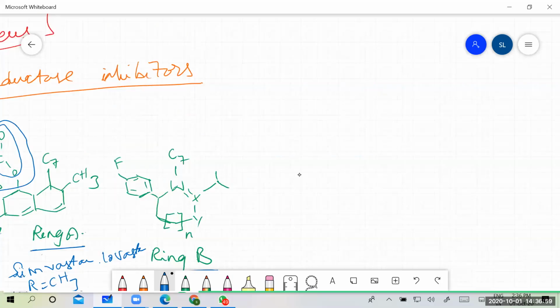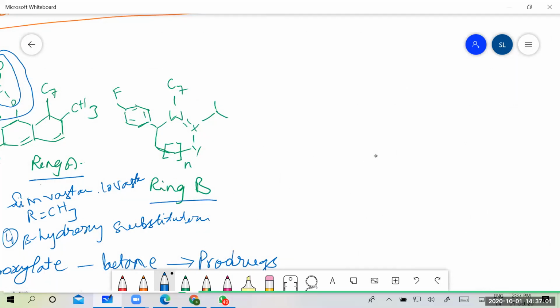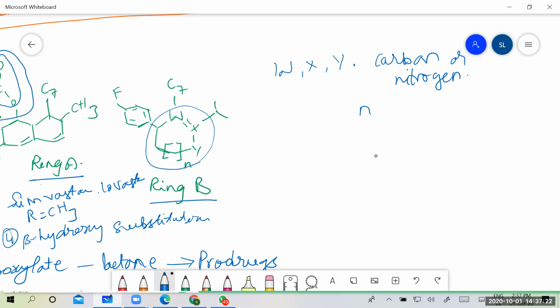Then coming to the ring B type of systems. In ring B, W, X and Y we have. They can either be carbon or nitrogen, where n is the number of carbons of this particular ring system.